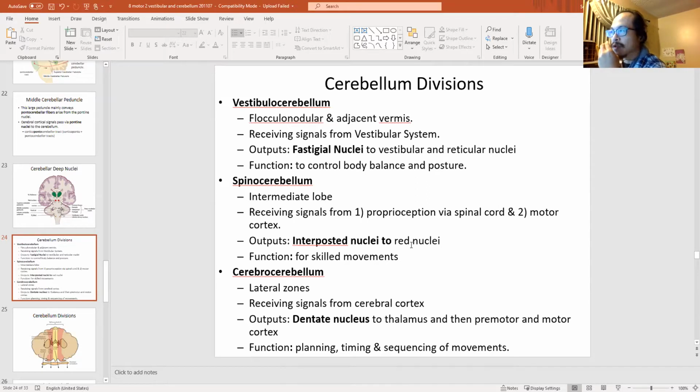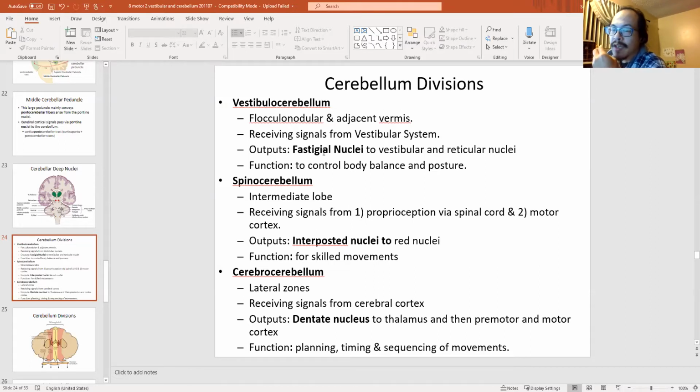to the rubrospinal tracts. Then that one is for flexor and for skilled movement. It's a supplement circuit for the corticospinal tracts. So that's this one here. Vestibular is not directly for the skilled movement.